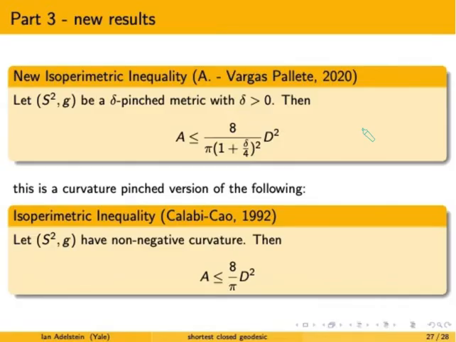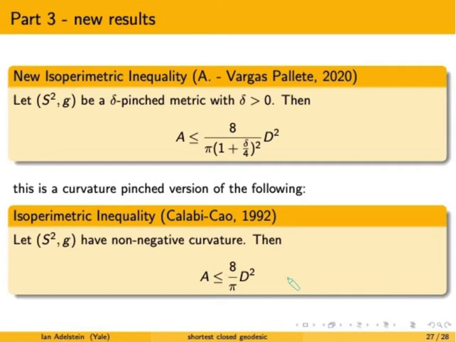And I'll say that this isoperimetric inequality is really just a pinched curvature version of this Calabi-Cao result from 1992. This is also the paper where they show that the shortest closed geodesic on a non-negatively curved two-sphere is simple. Their isoperimetric inequality is that on a non-negatively curved two-sphere, the area is bounded above by 8 over pi times the diameter squared.